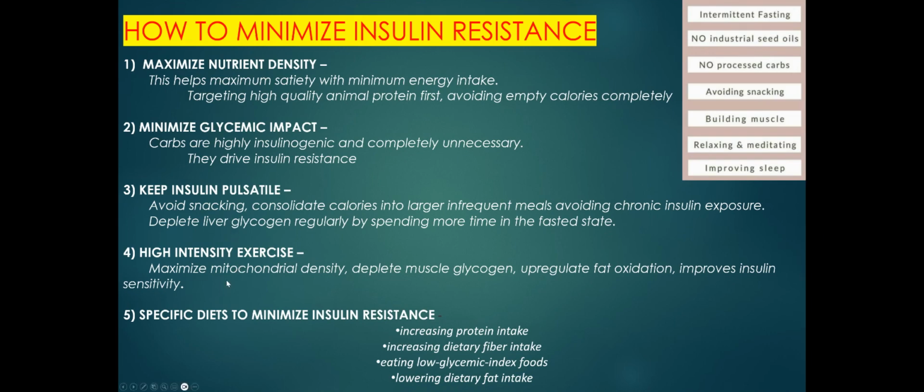The best part is to increase muscle mass, which helps mitochondrial health, and specifically the dietary pattern has to minimize insulin resistance by using appropriate protein, increasing dietary fiber, eating low glycemic index foods, and lowering unsaturated fat intake, which includes omega-6 oils, because industrial oils are easily oxidized and can cause problems.